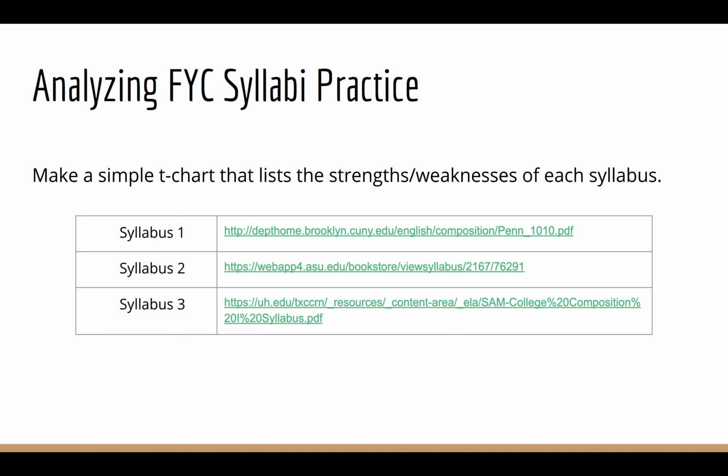And through this practice, we would just create a simple T-chart that lists the strengths and weaknesses of each syllabus. They're from different schools, different universities, different first-year composition programs, and it doesn't necessarily have to be these, but if we could find a couple of syllabi that have different grading styles or different approaches of writing, that would help this activity be a little bit more successful.